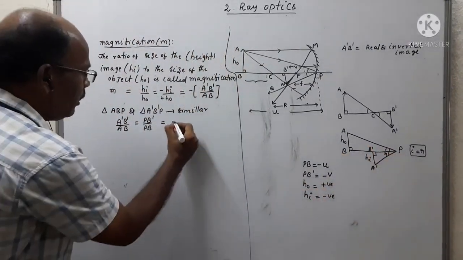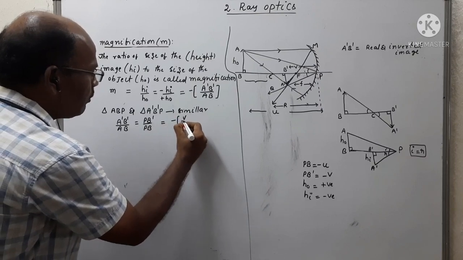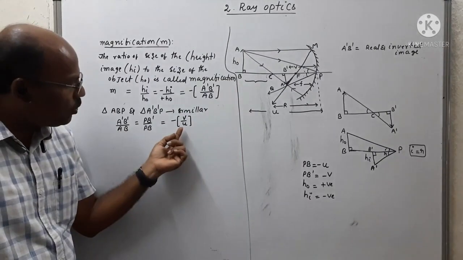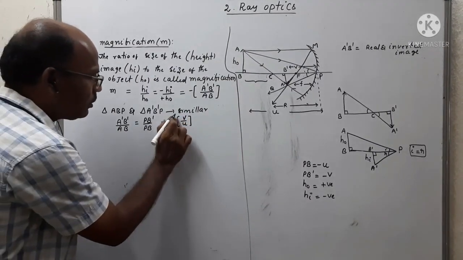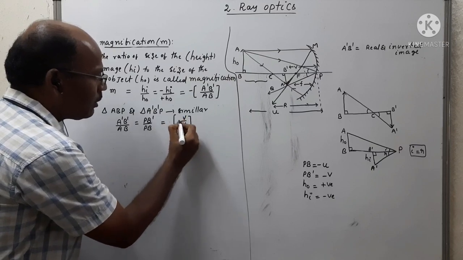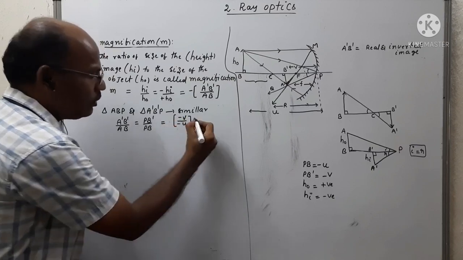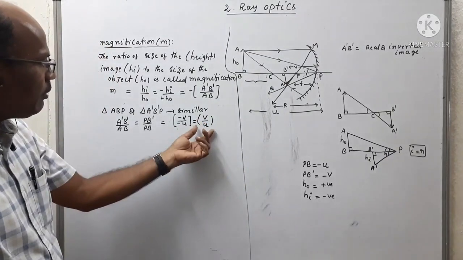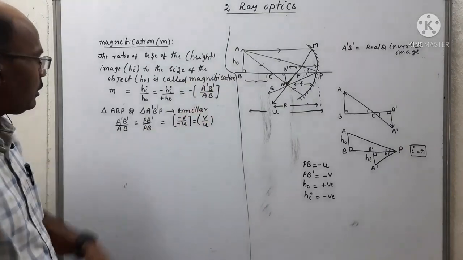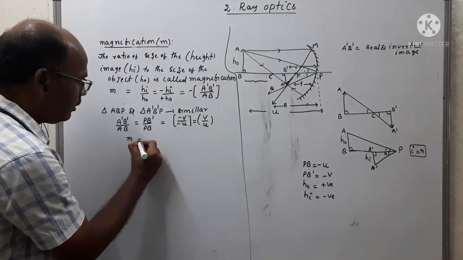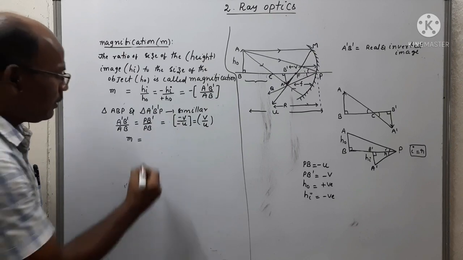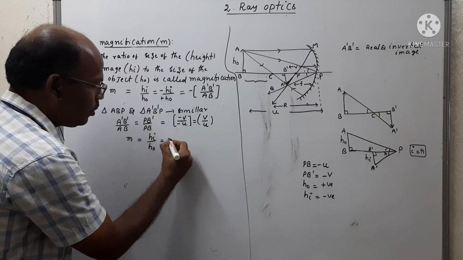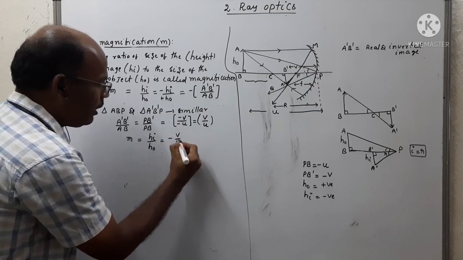So we can write minus v by minus u, and A dash B dash by AB becomes v by u. Substituting this into the equation, we can write m is equal to h_i by h_0 is equal to minus v by u.